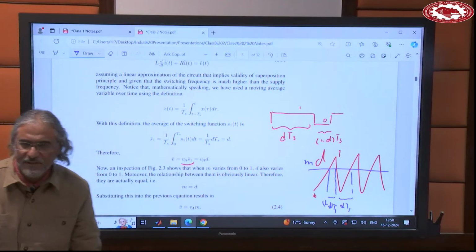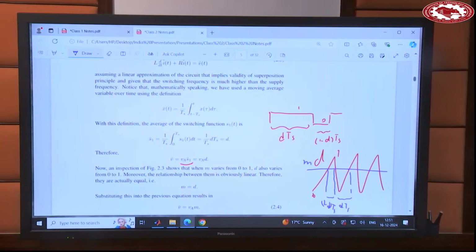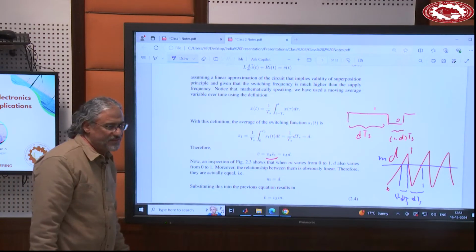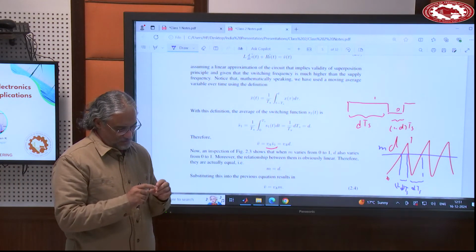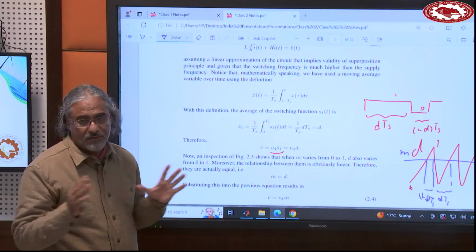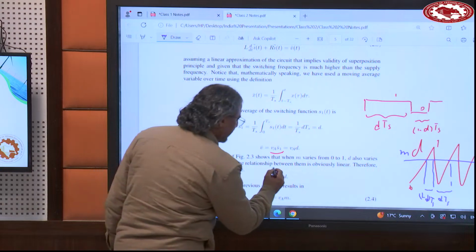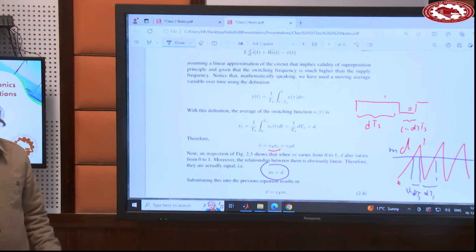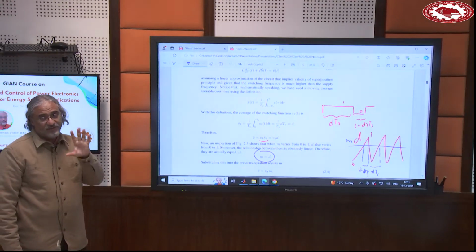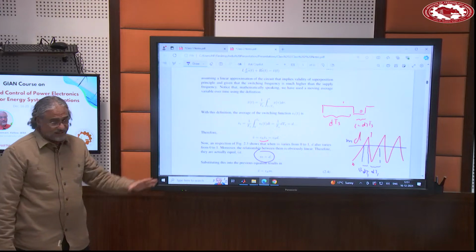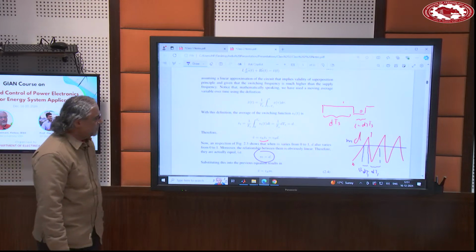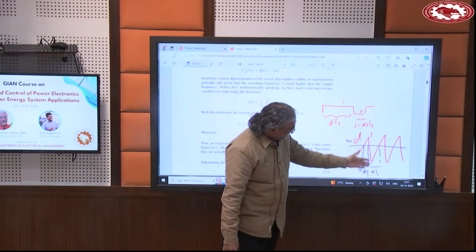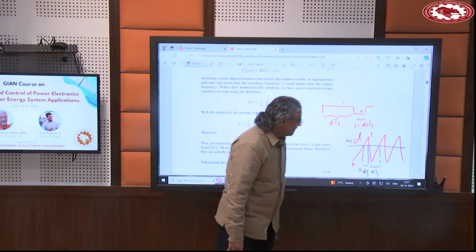And it's linear. So the only option is D and M are equal. The only function which is linear and converts 0 to 1 to 0 to 1 is the identity function. So we have this equation here. So the modulation index and the duty cycle in PWM is the same for the buck converter, at least with this terminology that we used here, as long as you are using these ranges from 0 to 1, and you define M just like that.